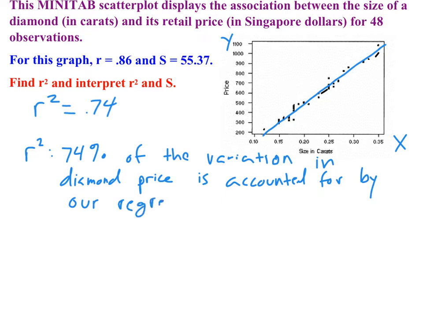If you're asked to interpret R squared, your answer is going to look something like that. The wording really shouldn't vary. 74% is a lot, right? These points are pretty close to the line, and what it's really saying is we feel like we could predict price from size pretty accurately.